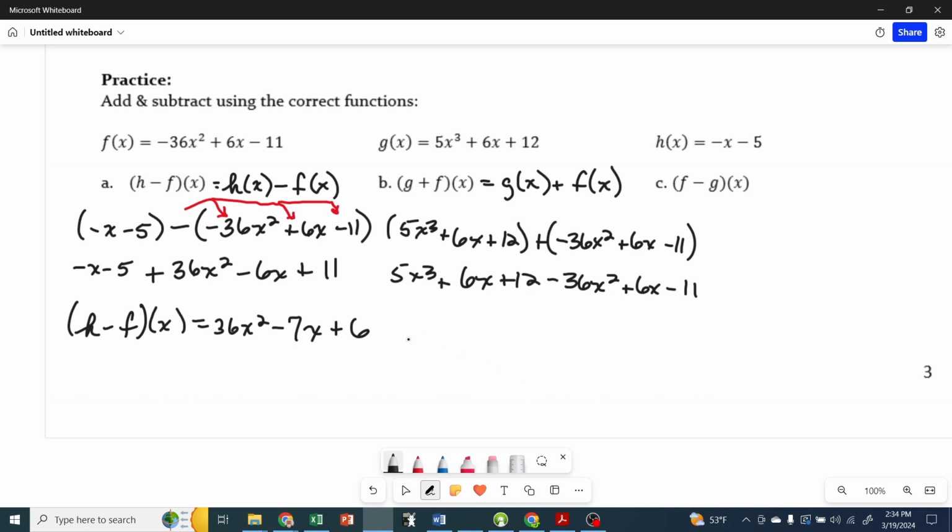So let's combine our like terms, and we'll put this down here as g plus f of x. So that's going to be 5x cubed. Next is squareds, minus 36x squared. 6x and 6x is 12x. And then 12 minus 11 is plus 1.